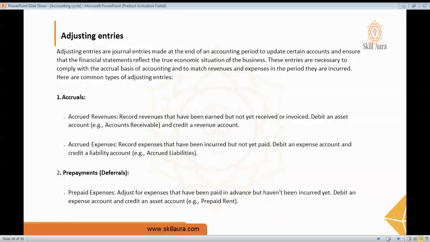So the first one is accrual. You have accrual revenue and accrual expenses. Here, in the accrual revenue, you record the revenue that has been earned but not yet received or invoiced. So when this kind of transaction comes, you need to debit the asset account in the debit column and the revenue account in the credit column.